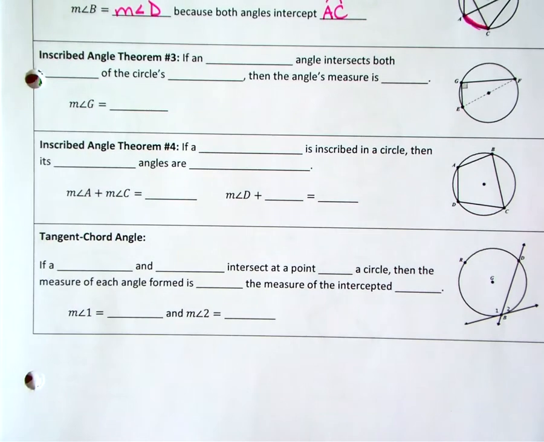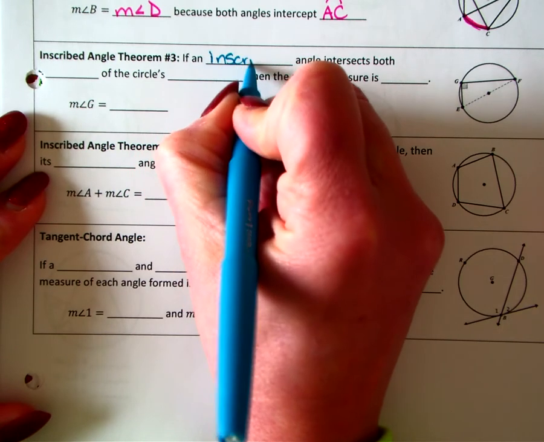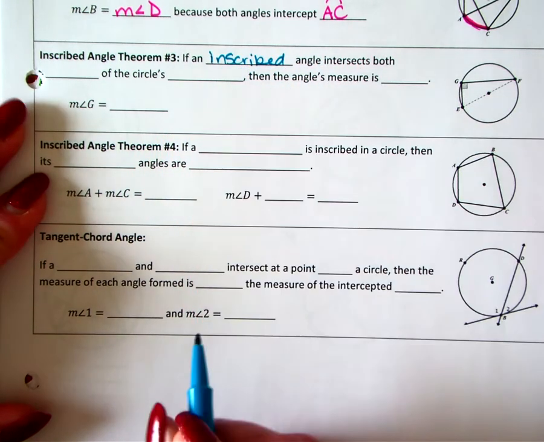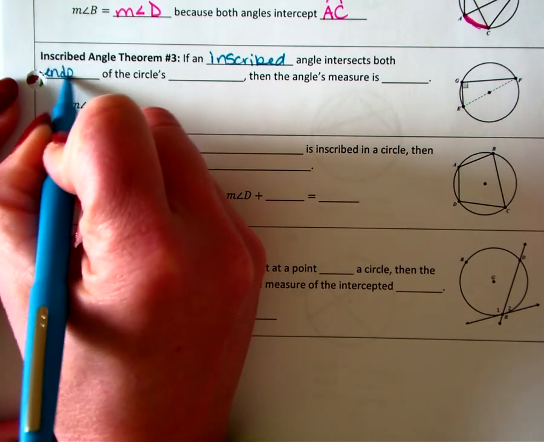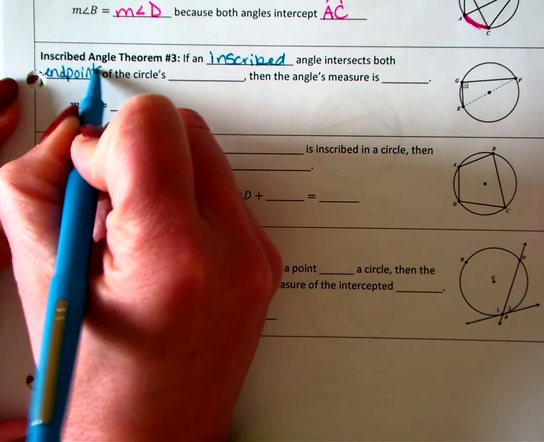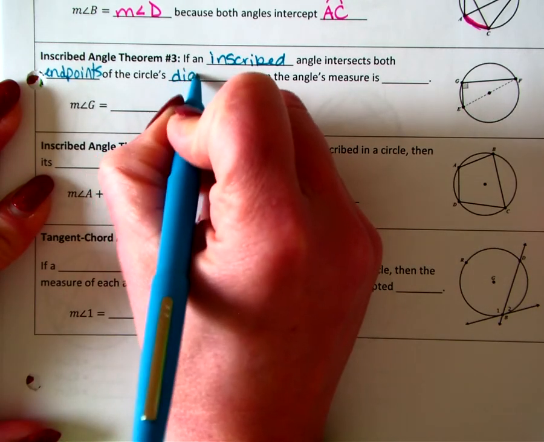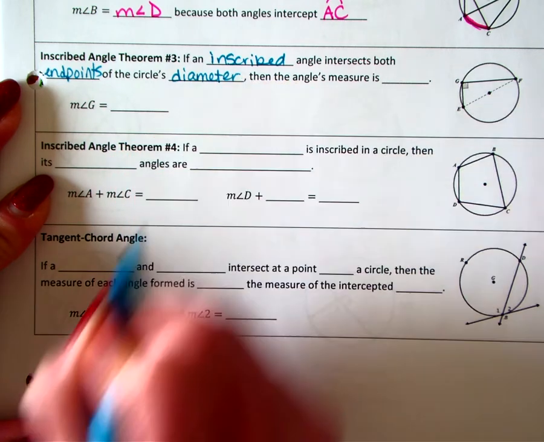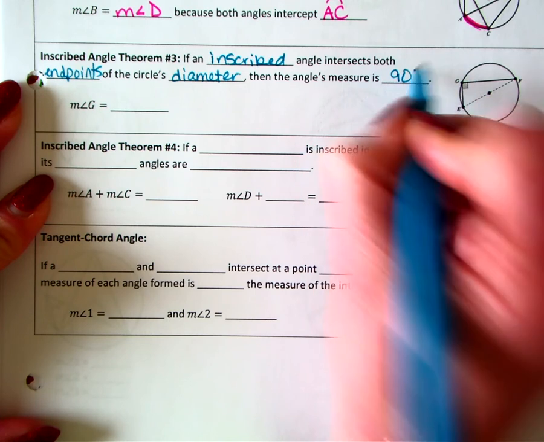Okay, theorem number 3 says if an inscribed angle intersects both endpoints of the circle's diameter, then the angle's measure is 90 degrees.